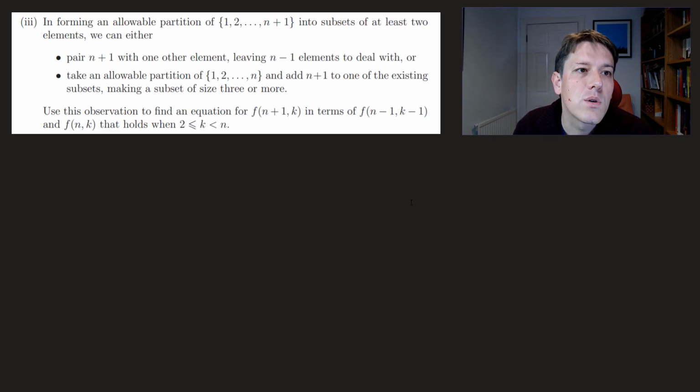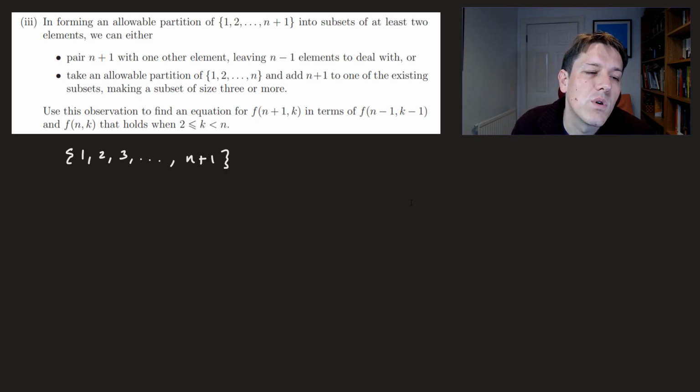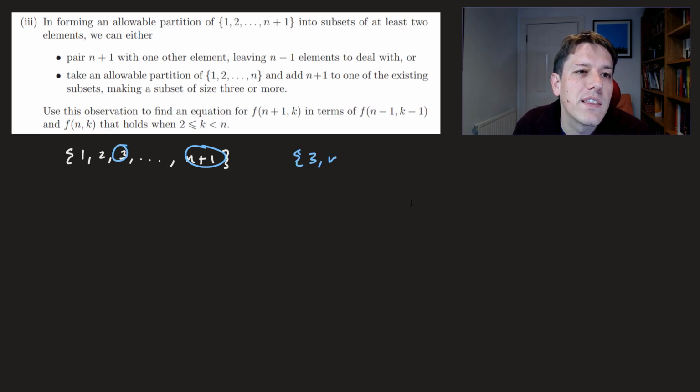Okay, so let's think about this carefully, right? So I've got this set that goes up to n plus 1, and the first way of doing this is I'm going to pair n plus 1 with one element. So I'm going to take a subset n plus 1 and maybe 3, say, and make that one of my subsets, and then what I'd have left is 1, 2, 4, all the way up to n.